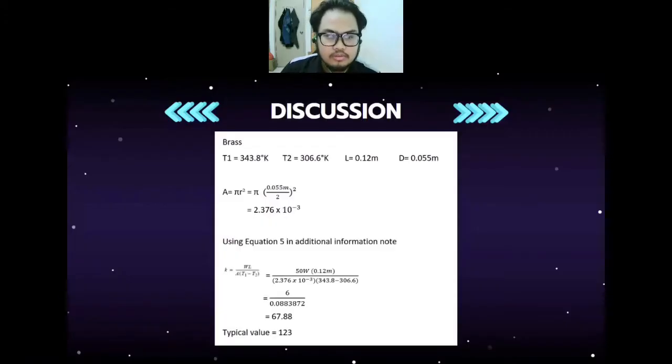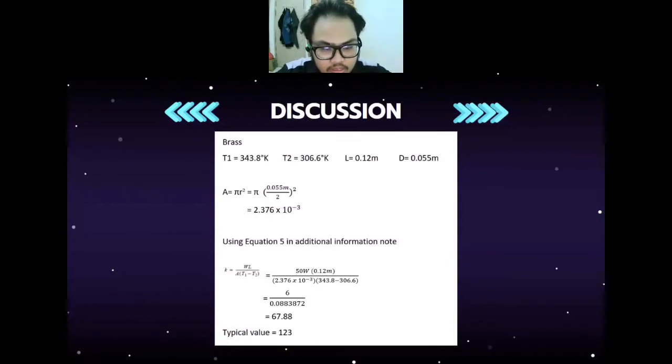For the first calculation, we are going to use the brass for 50 watt. T1 is 343.8 Kelvin. T2 is 306.6 Kelvin. The length is 0.12 meter, and the diameter is 0.055 meter. So we have to calculate the area using pi r square, and in the equation, we get 2.376 times 10 to the power of negative 3.